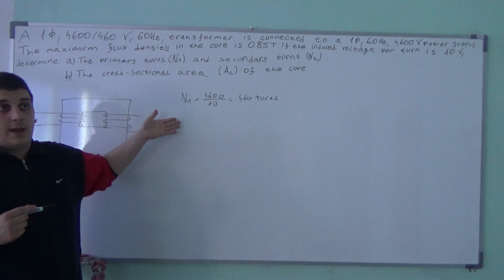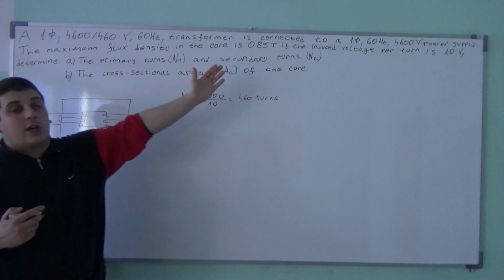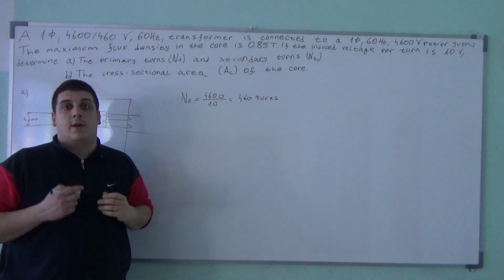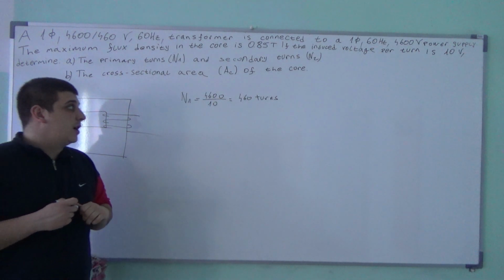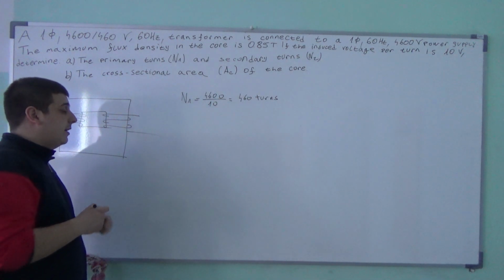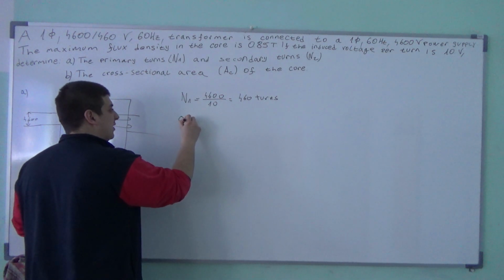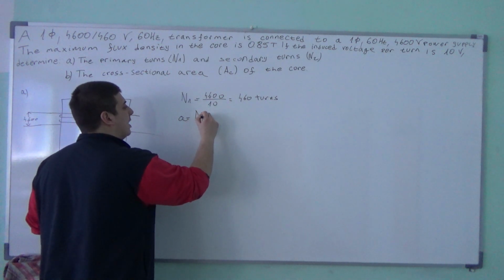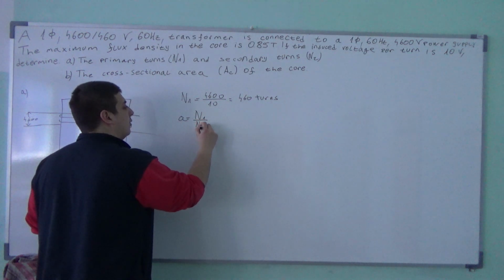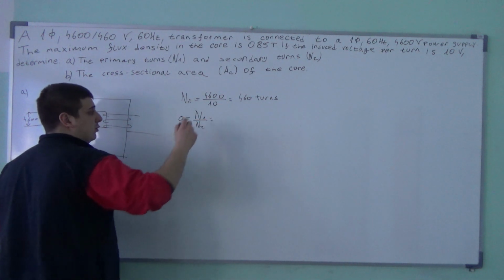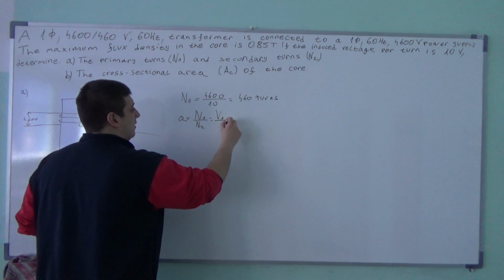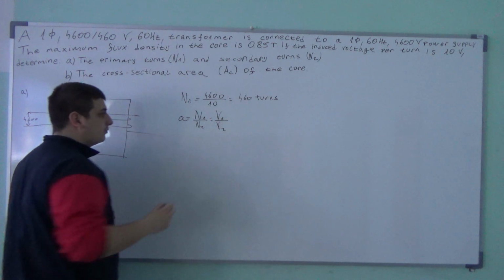And what is the number of the secondary turns? Well, I hope you remember that the turns ratio is equal to N1 divided by N2, but that is also equal to the voltage V1 divided by V2.